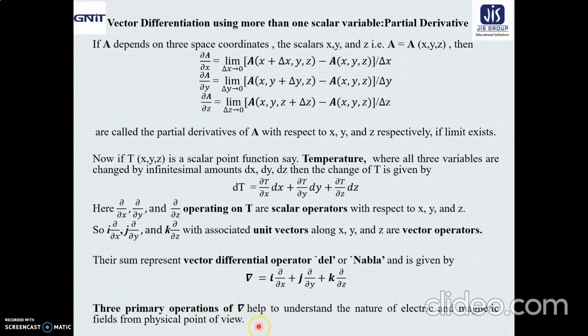Three primary or basic operations of del we are now going to introduce will help us to understand the nature of electric and magnetic fields from a physical point of view. After that, we will discuss some secondary operations of del or nabla, whose importance also will be clear to you.